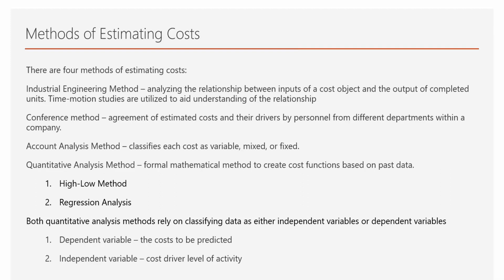That is our dependent variable. The independent variable is the cost driver or the level of activity, and that would represent X in our cost estimation formula, because we expect that the higher the level of activity, the higher my total costs are going to be.